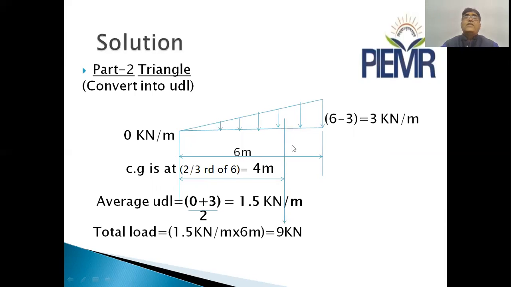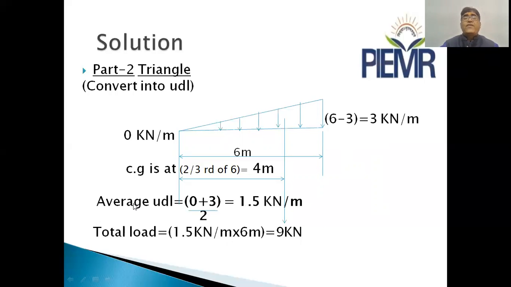At the CG, the concentrated load will be equal to the total load. First of all we will find the average load, that is the average of the initial and final load. The initial load is 0 at this point, and the final load is 3 kilonewton per meter at the other point. Adding both, 0 plus 3, and dividing by 2 comes out to be 1.5 kilonewton per meter of UDL.